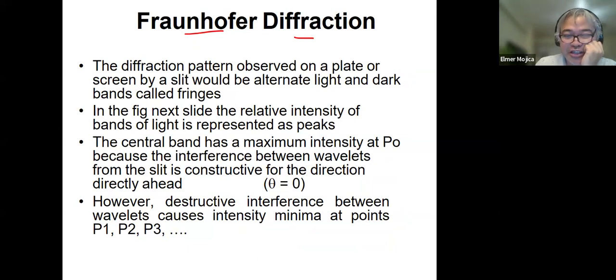Okay. So in the diffraction by a slit, the diffraction pattern observed on a plate or a screen by a slit would be alternate light and dark bands called fringes.